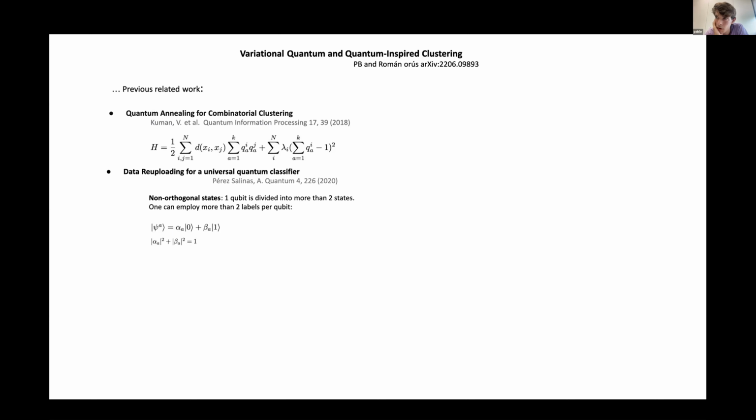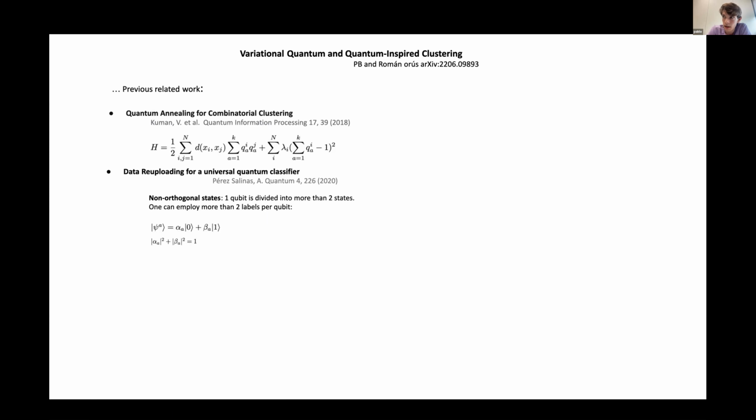Maybe they were done before, I don't think so, which are the data re-uploading thing, which is the fact that you don't only take into account updated variables inside your quantum circuit, but you also introduce periodically the data you start with inside your quantum circuit, by means of rotations.